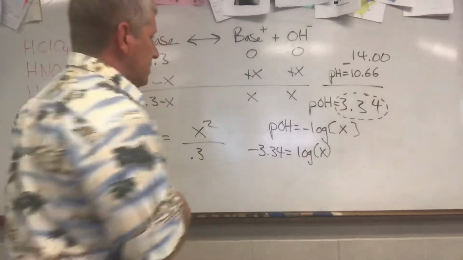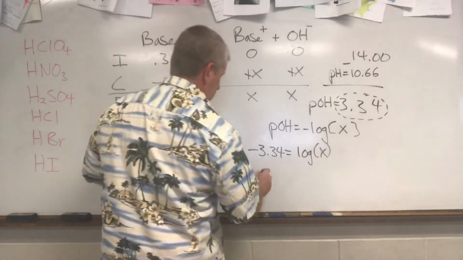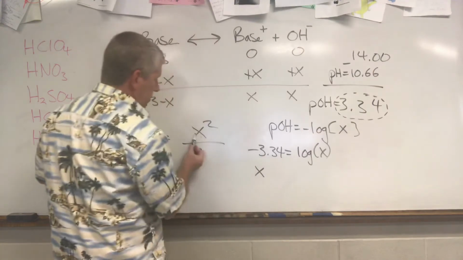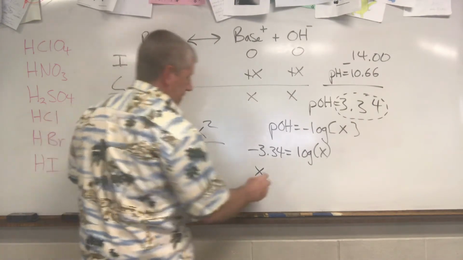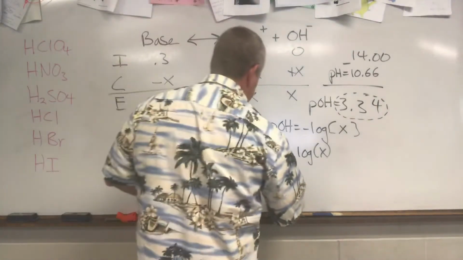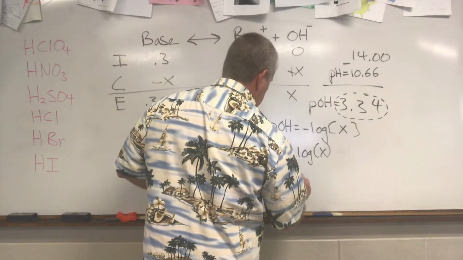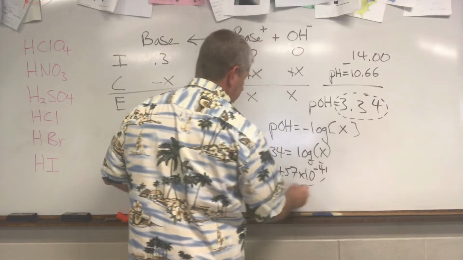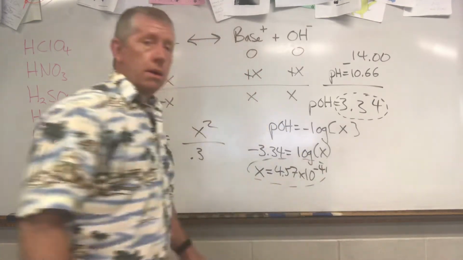So that means x, which is equal to OH, is 4.57 times 10 to the negative 4.